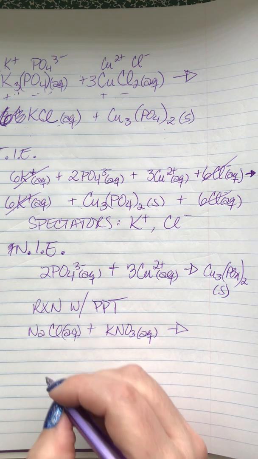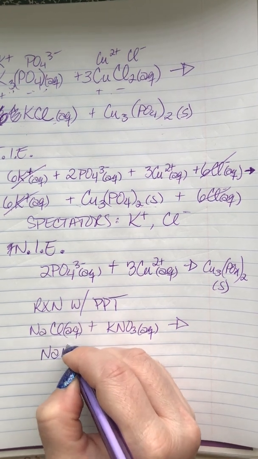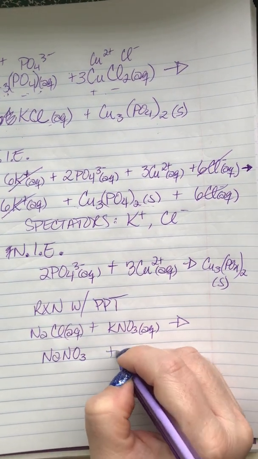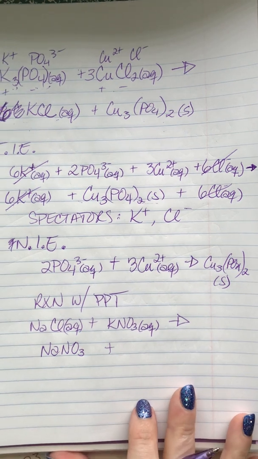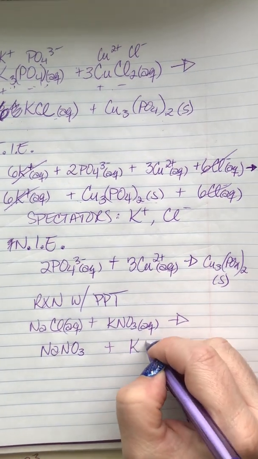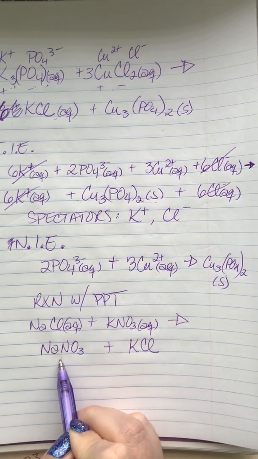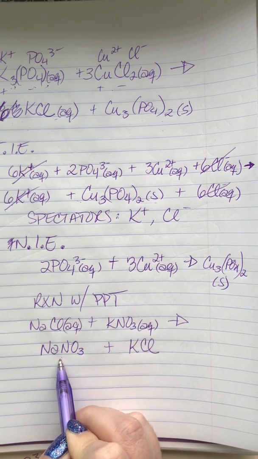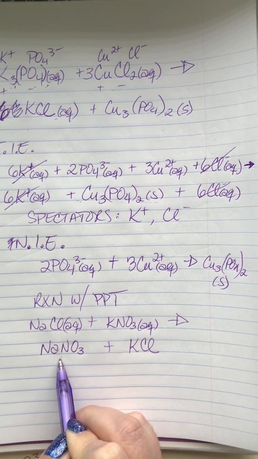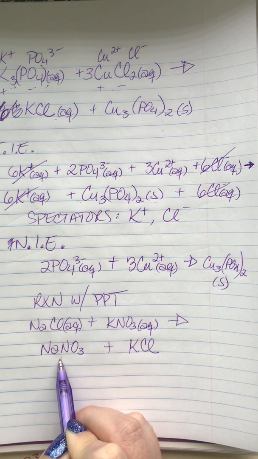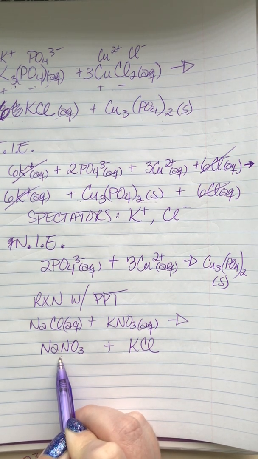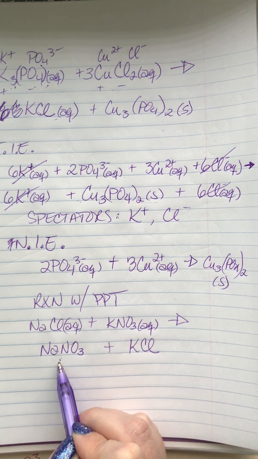Sodium nitrate. I'd have sodium nitrate and what else? Potassium chloride. Soluble or insoluble? Soluble. Why? Group 1 metal, and a nitrate, right? Does that make sense, guys?